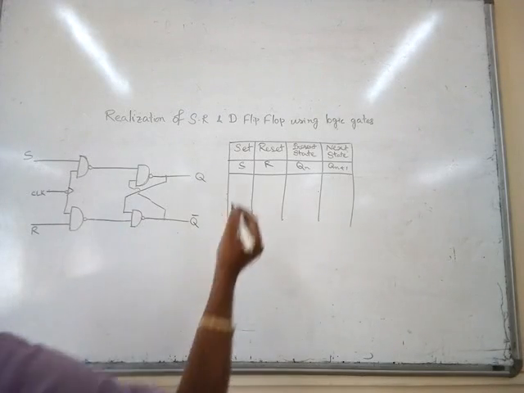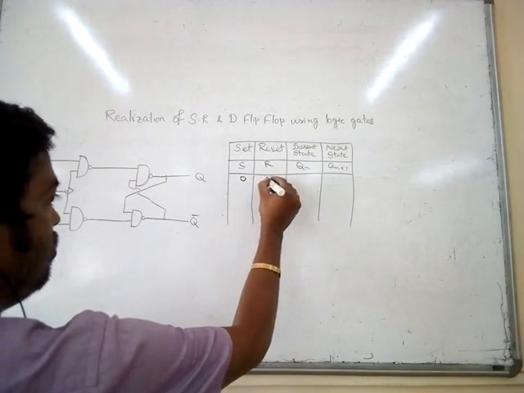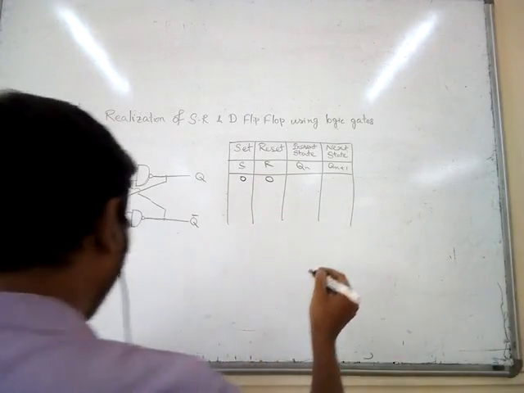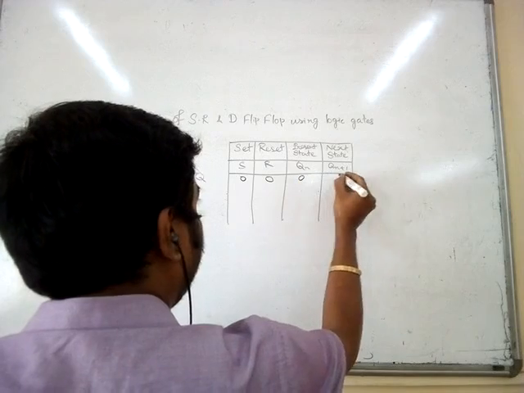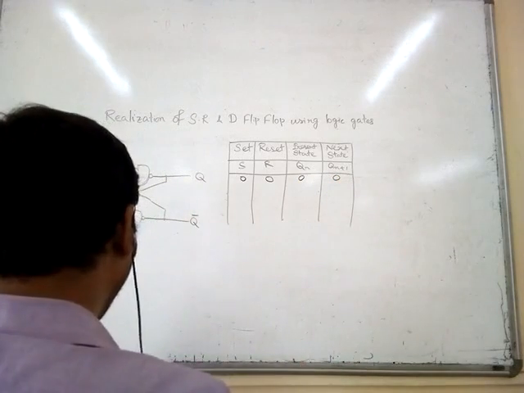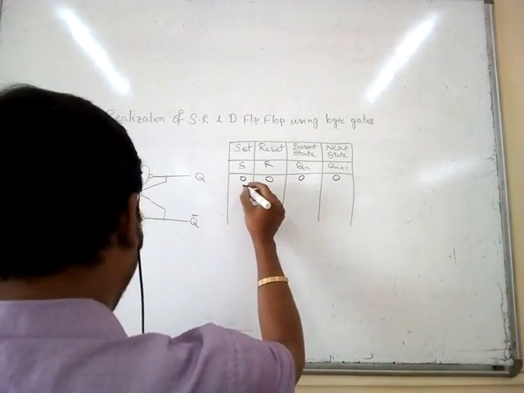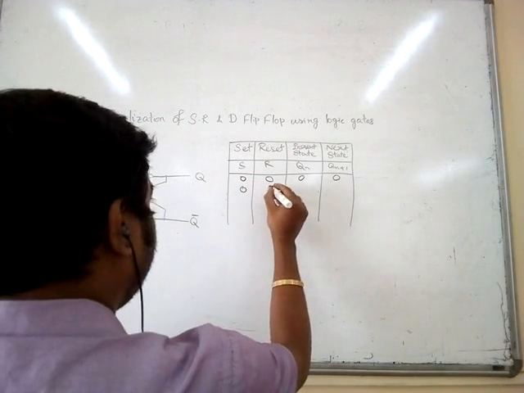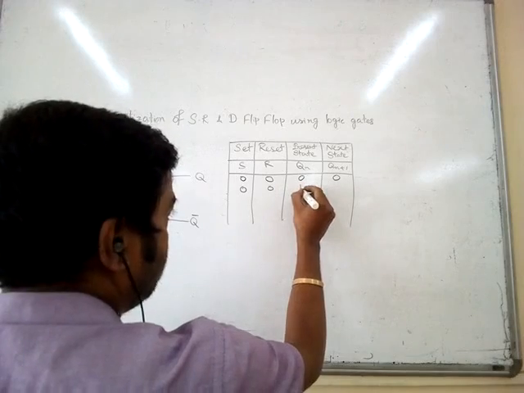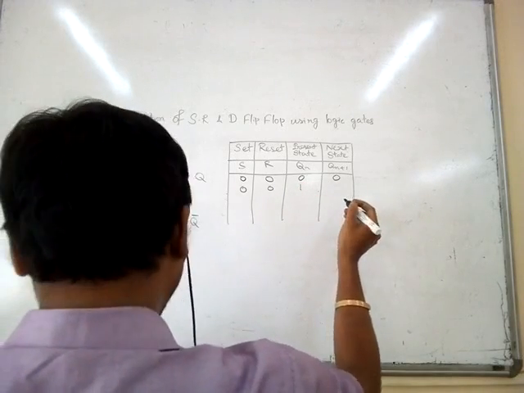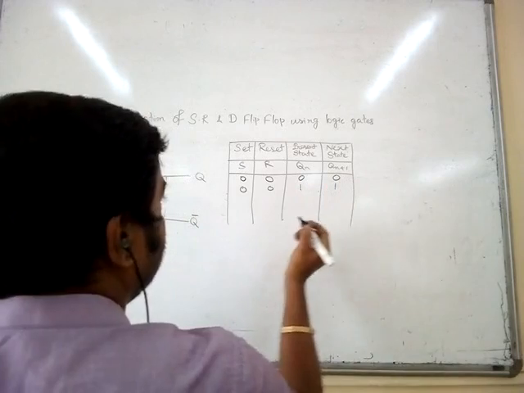Let's see. For 0, 0, Qn 0 and Qn plus 1 also 0. For 0, 0, if the present state is 1, next state also 1, no change.